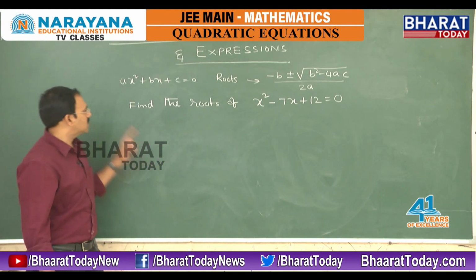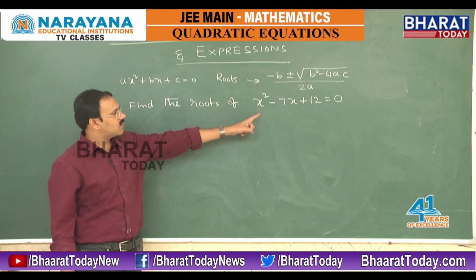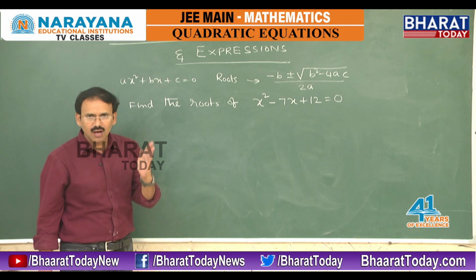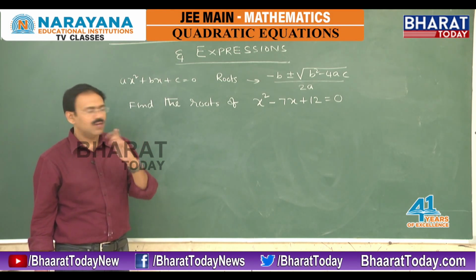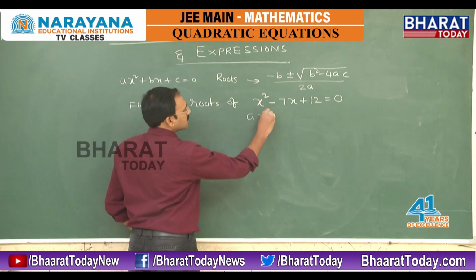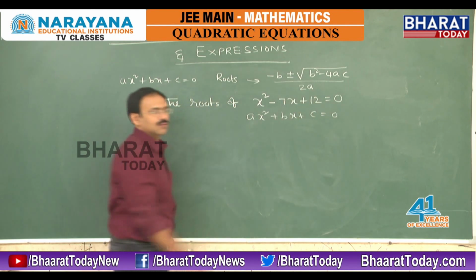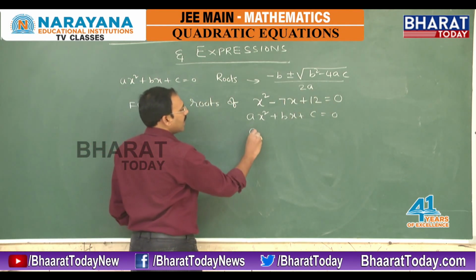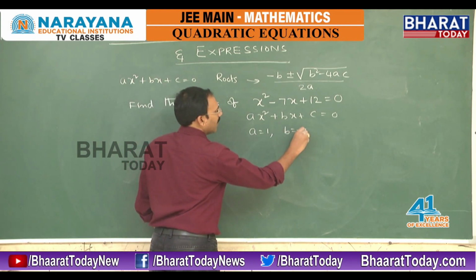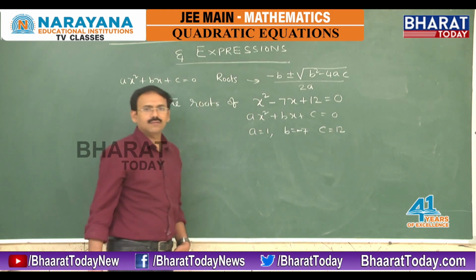Now the question is, find the roots of the quadratic equation x² − 7x + 12 = 0. If you want to solve a quadratic equation, compare this equation with ax² + bx + c = 0. Here a is equal to 1, b is equal to −7 and c is equal to 12.